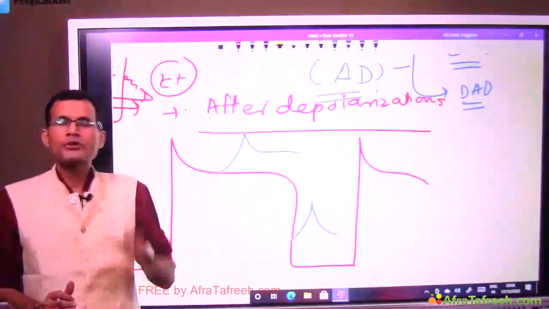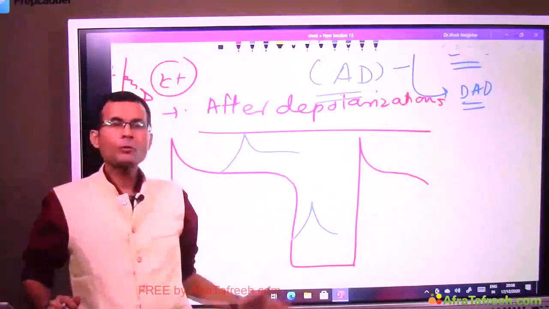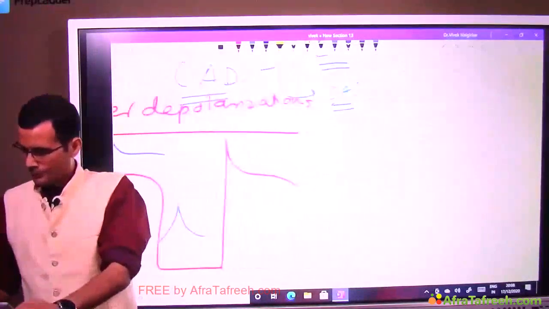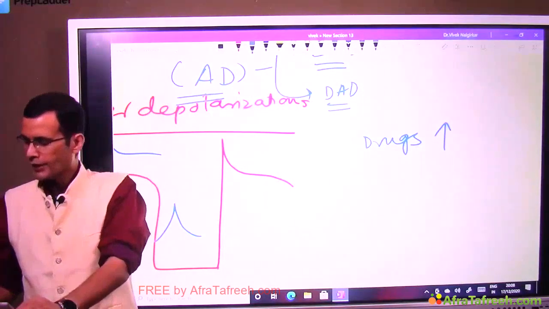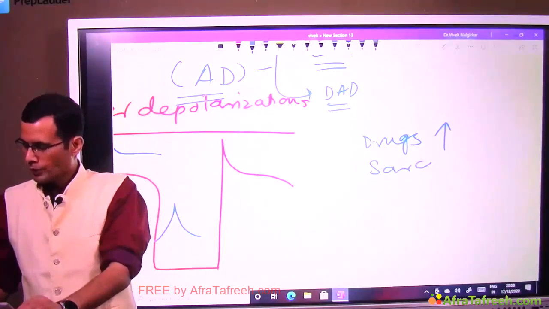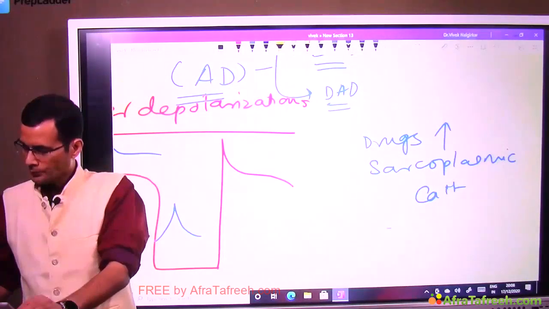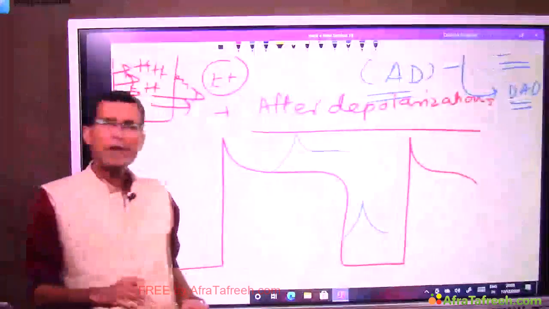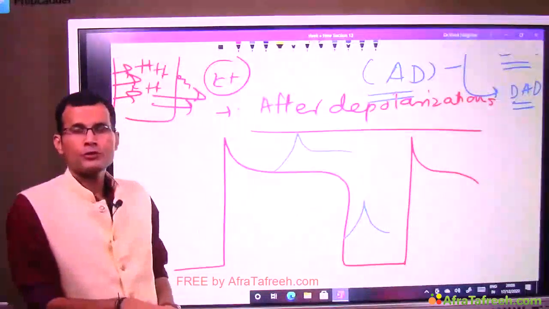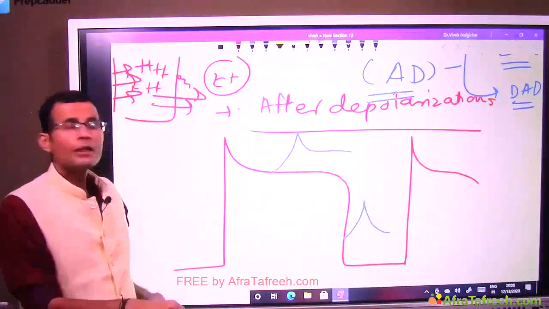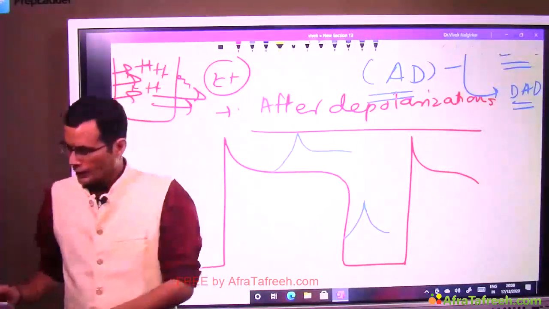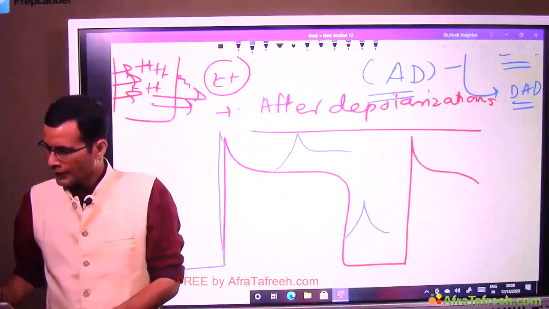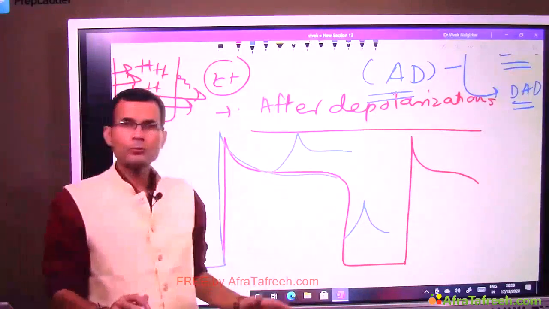Digitalis. The drugs that elevate sarcoplasmic calcium, drugs that increase intracytoplasmic or sarcoplasmic calcium, they can cause such extrasystoles, right? Why? Now look, the calcium that comes in during plateau.